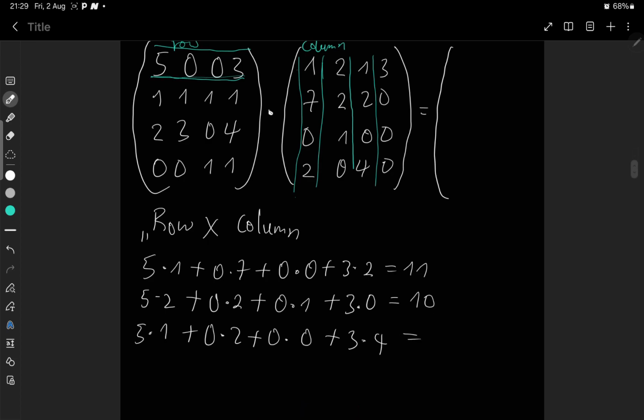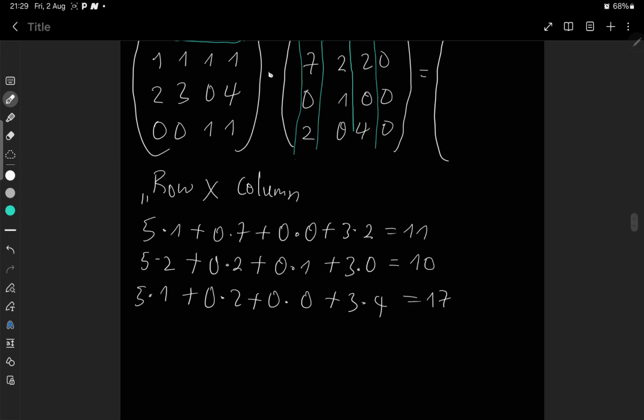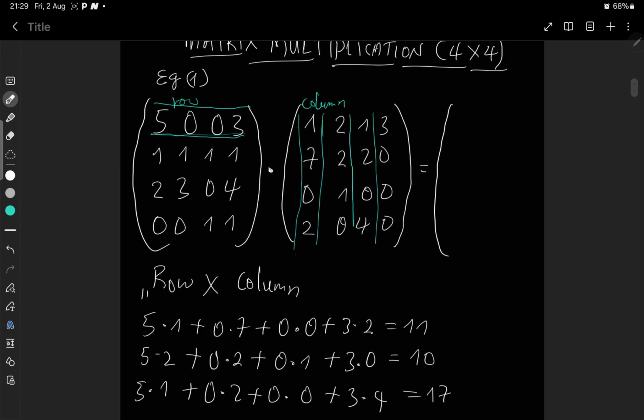If you add them up, 5 plus 0 plus 0, and 3 times 4 will give you 12. 5 plus 12 will give you 17.